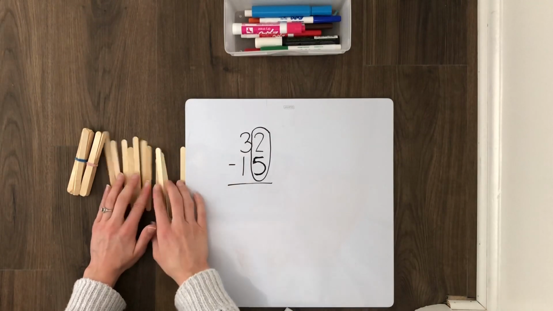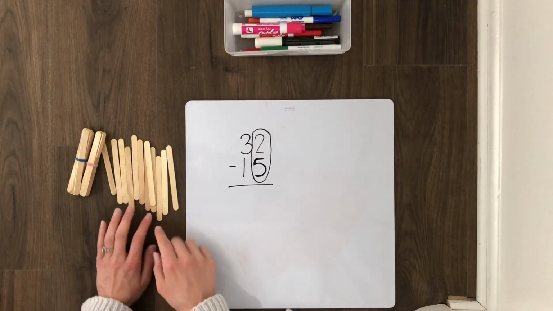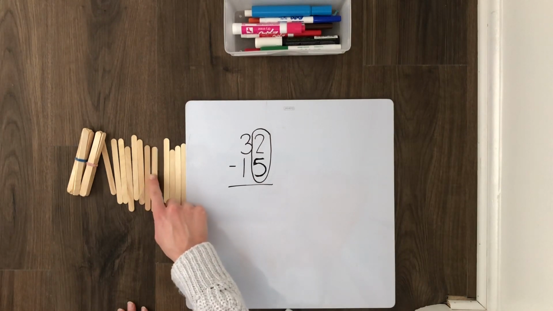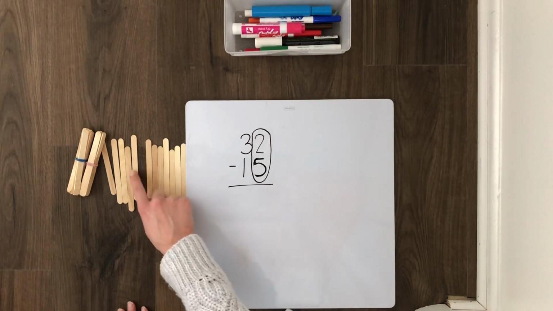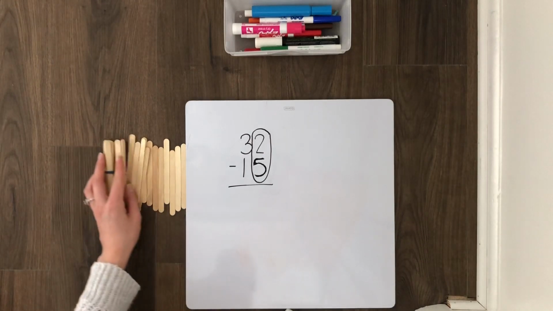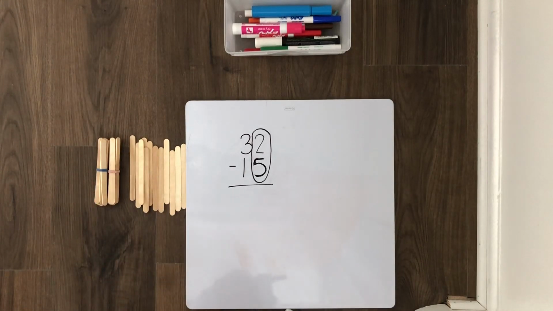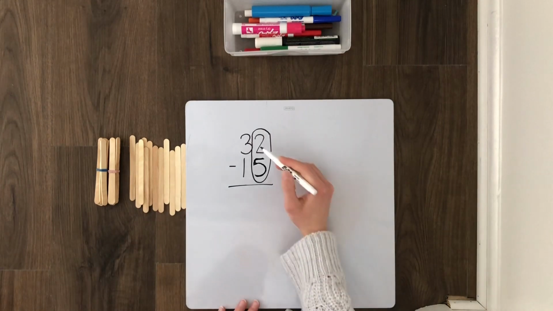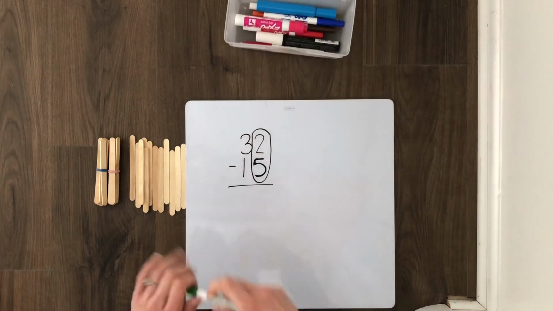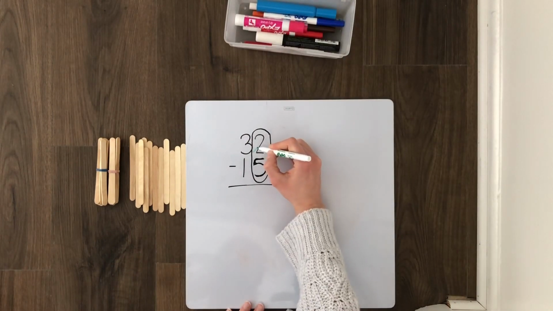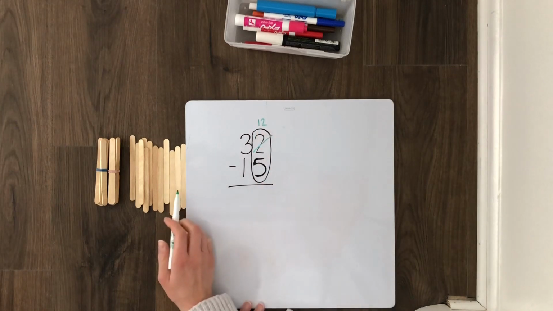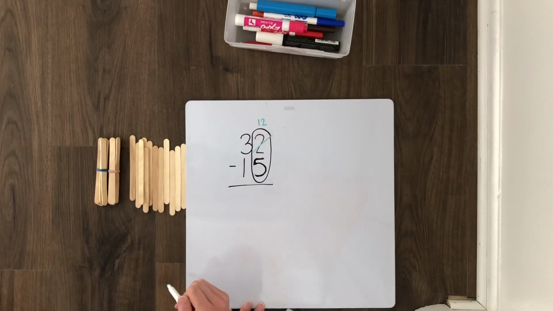Go ahead and count to see how many ones we have now. 1, 2, 3, 4, 5, 6, 7, 8, 9, 10, 11, 12. All right, so we now have 12 ones. Instead of having a 2 in the ones place, we need to cross it out and write 12 because we now have 12 ones.